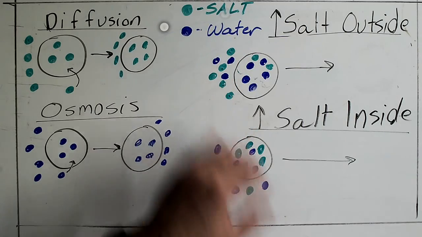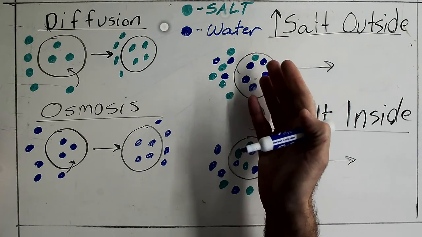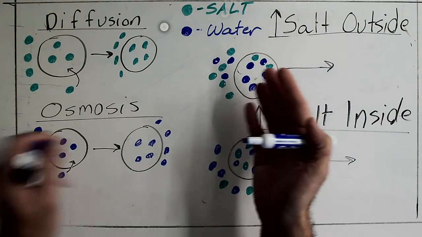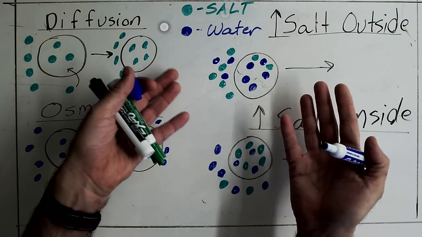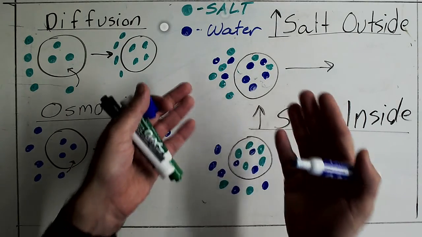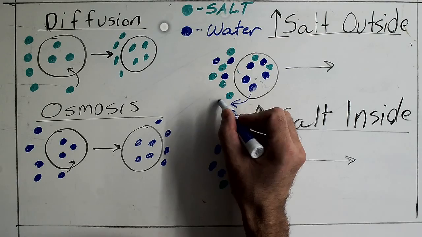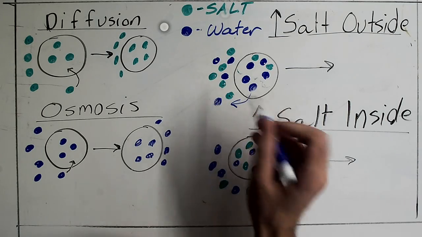And we're only focusing on the water. So the water is going to try to dilute, to make things even. Diffusion, osmosis, it's going to try to make things even.